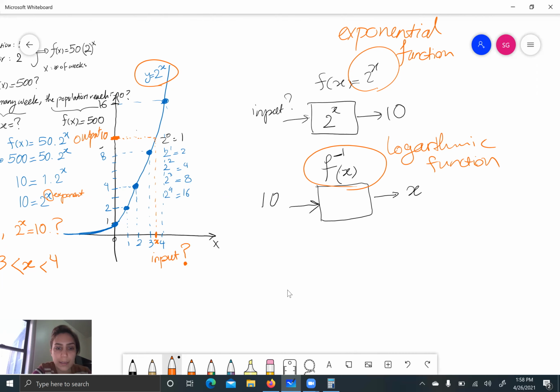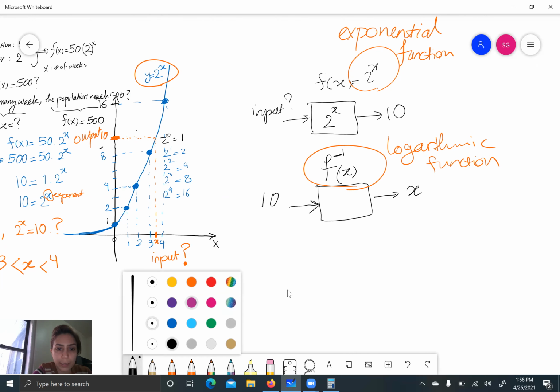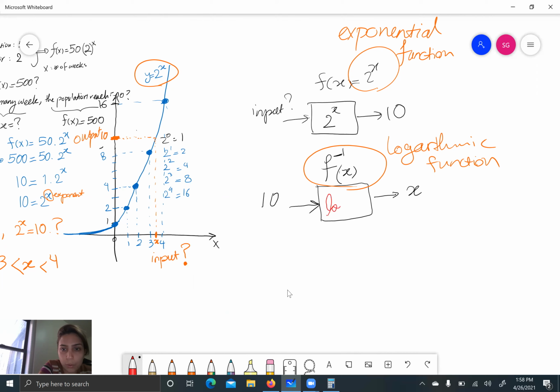Notationally, we use this notation: LOG. So log, maybe I start writing in printed format. So log stands for logarithmic function. So this is the notation of the function and what it does. Let me show you what it does.